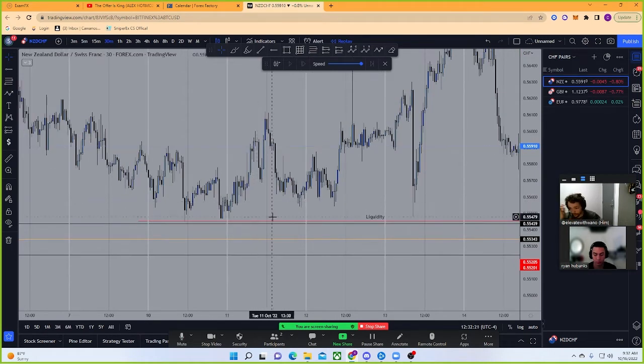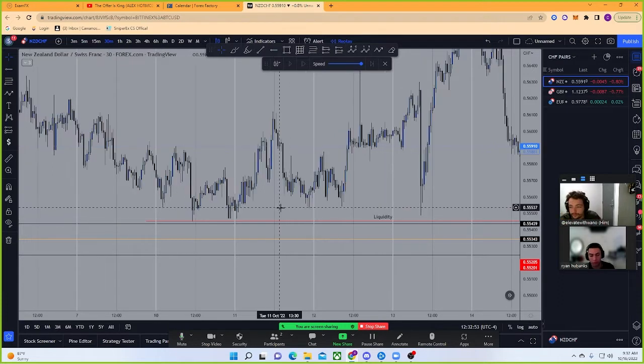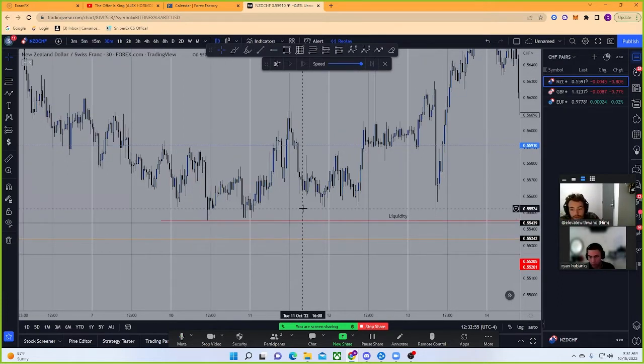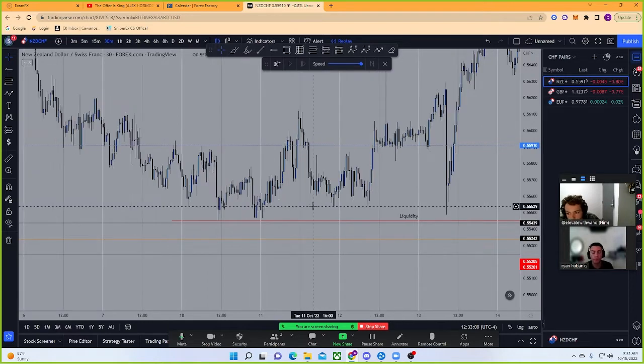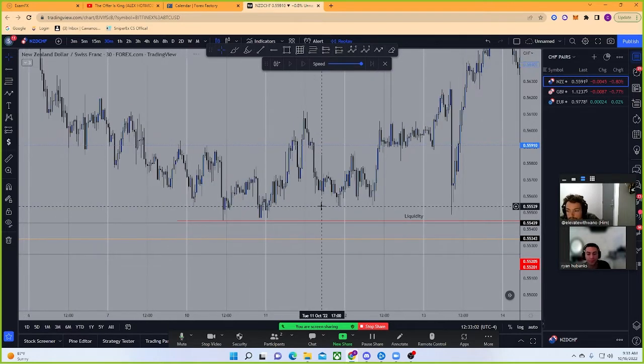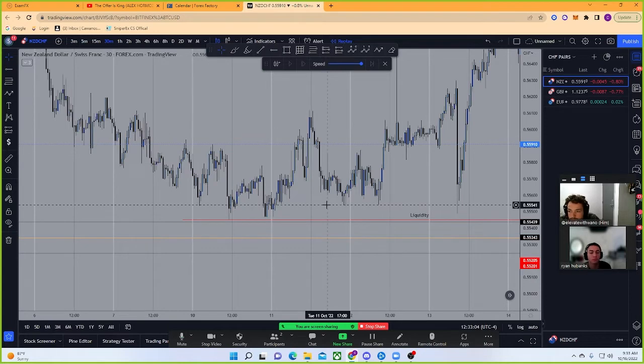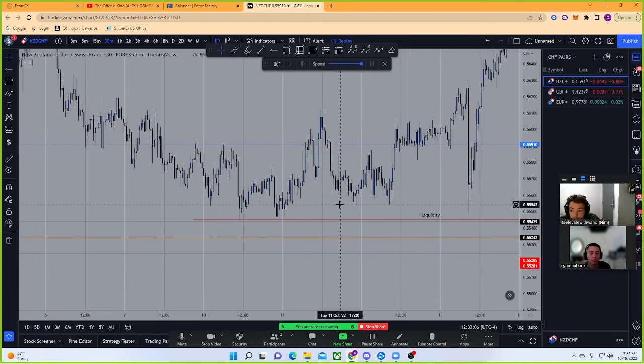When we talk about entries, we know what comes with entries. The first thing that comes with entries is the pattern. Before we get into entries, we need to understand our patterns. Here we see a reversal pattern.